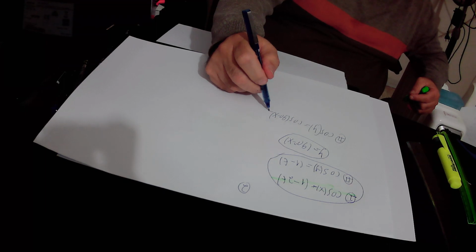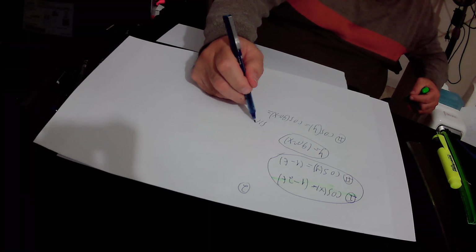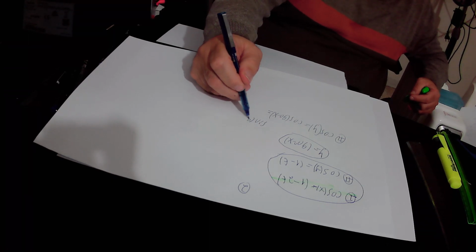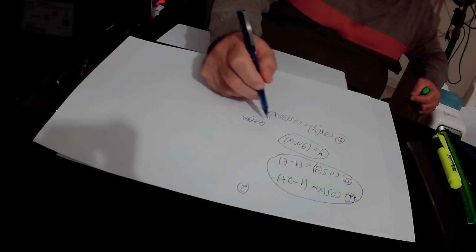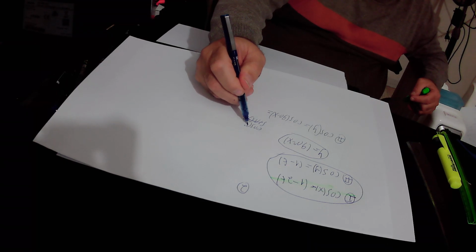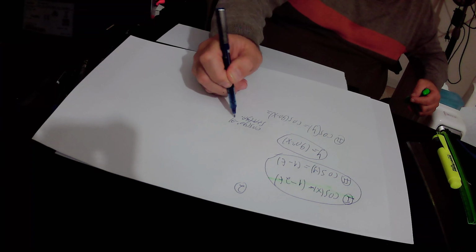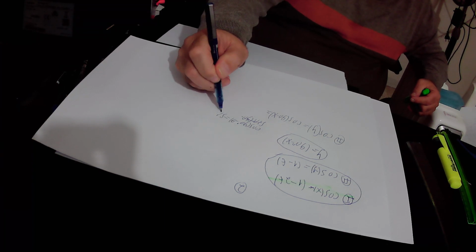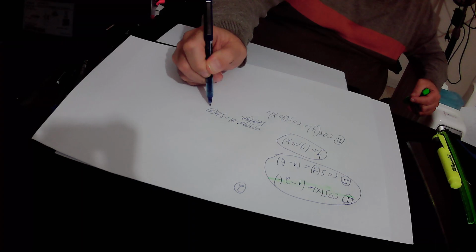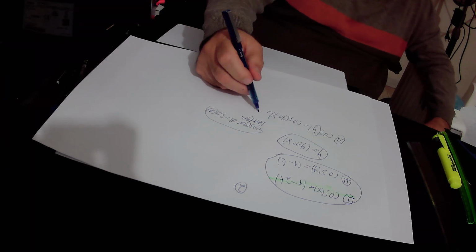And we have the trigonometric identity that cosine of 90 degrees minus theta equals sine theta. According to this identity, we get that cosine of 90 degrees minus x equals sine x.